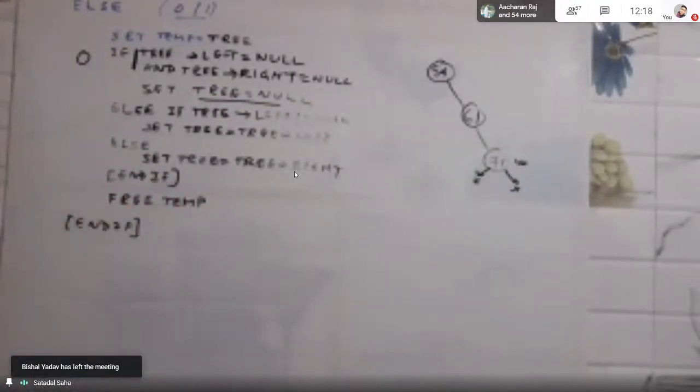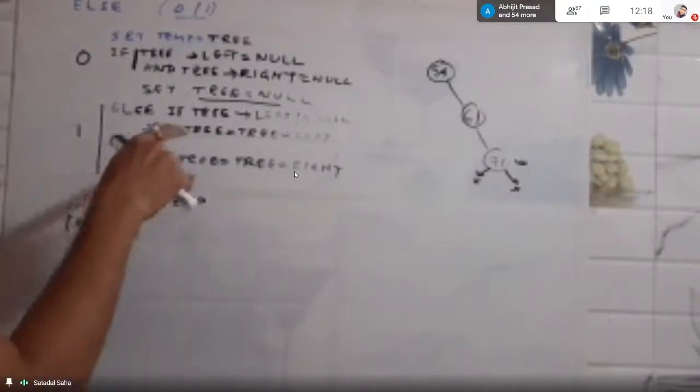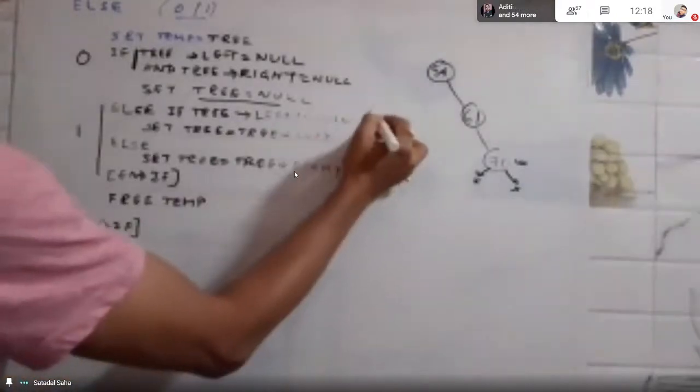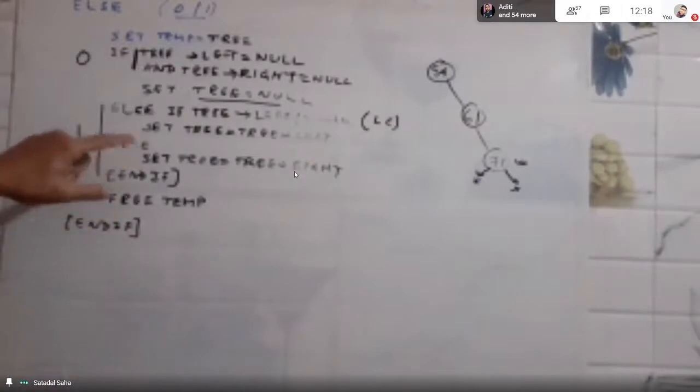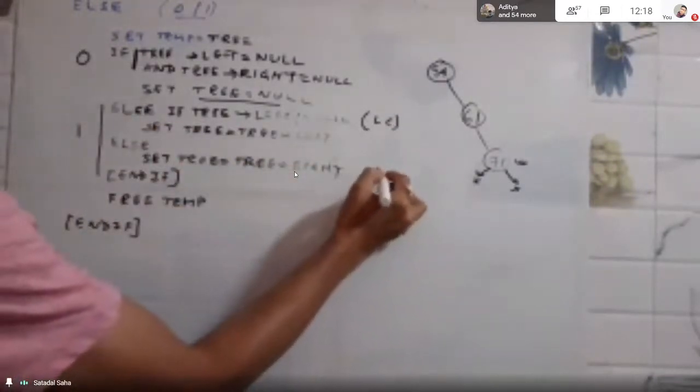Okay. Next one is 13th one. T of n equal to 4 t of n by 2 plus log n. In this case, a equal to 4, b equal to 2, k equal to 0, p equal to 1, right? Why k equal to 0?